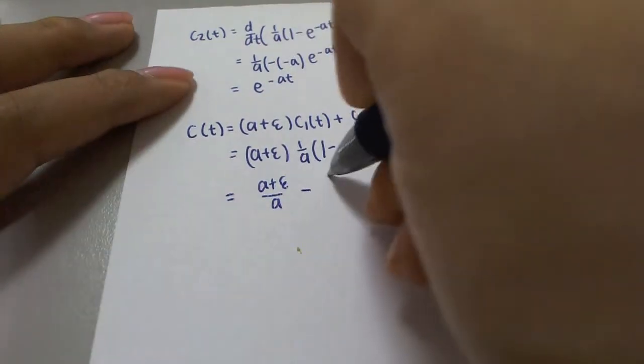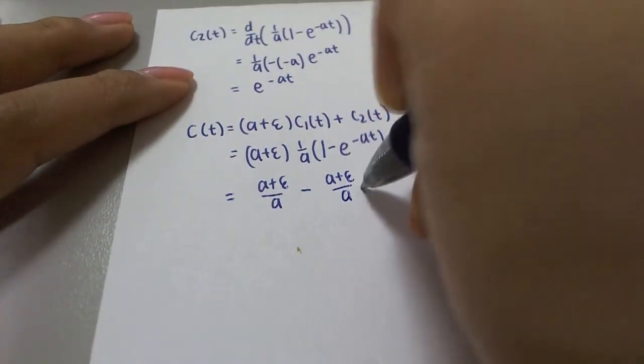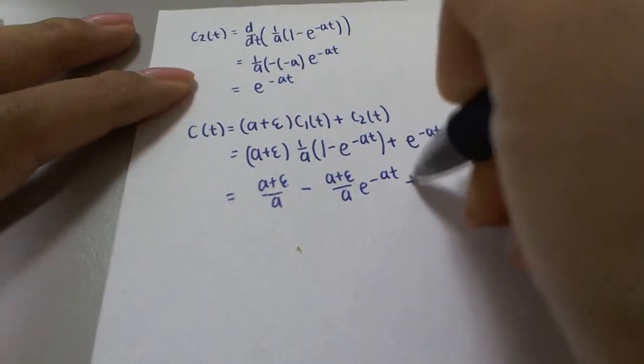And simplifying, we get (a plus epsilon) over a minus (a plus epsilon) over a e to the minus at, plus e to the minus at.